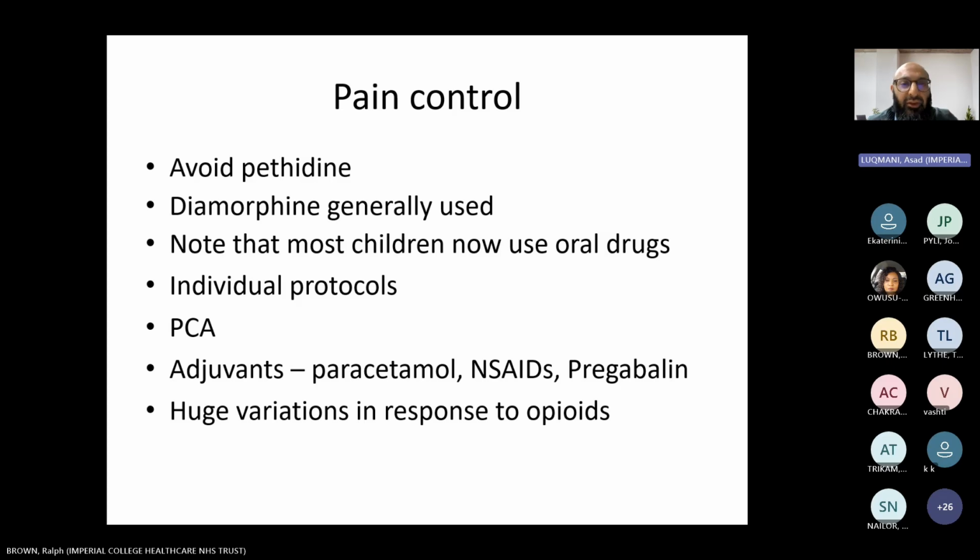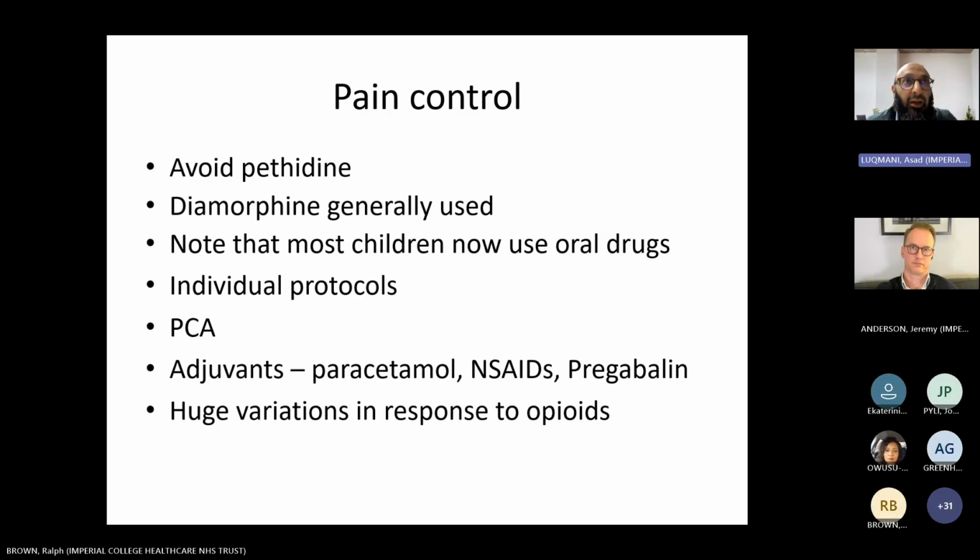And now with the UCPs, we have access to protocols London-wide, so we can review protocols of patients who may be under the care of other centres in London. And PCAs were encouraged by the NICE guidance as a way of achieving effective pain control.